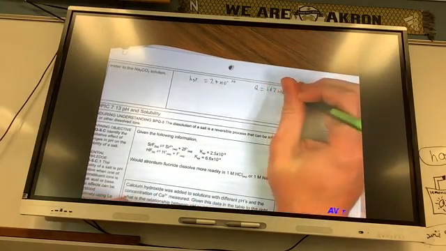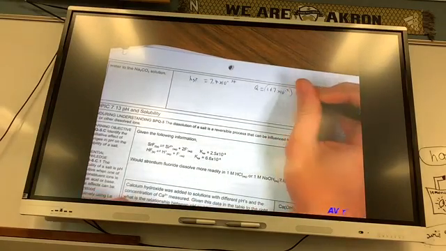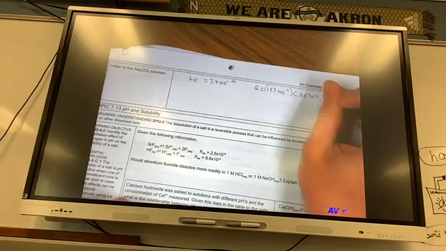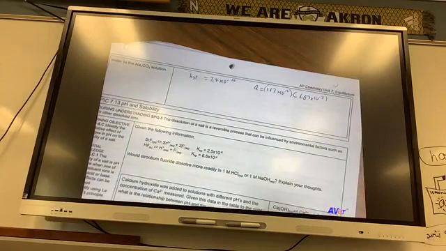So it would be 1.67 times 10 to the negative second times 6.67 times 10 to the negative second. If we multiply those together, 1.67 e negative 2 times 6.67 e negative 2, that gives me 0.0011, or 1.1 times 10 to the negative third.